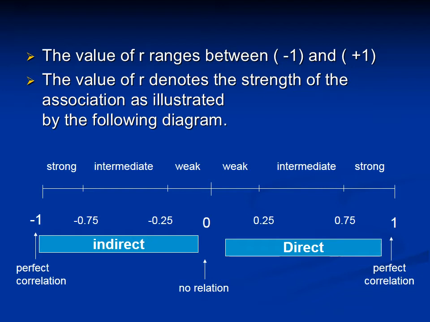Let me say you get 0.95, that is strong positive correlation. If you get positive 0.3, that is weak positive correlation. So that is how we do the interpretation for the correlation coefficient after you have computed your R.